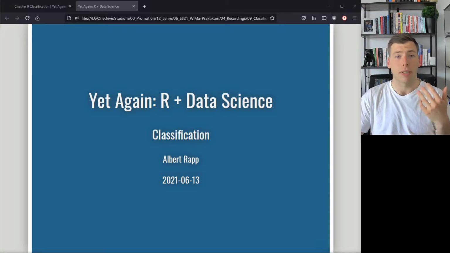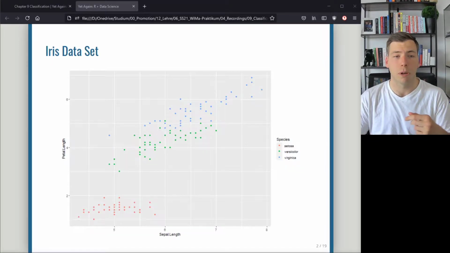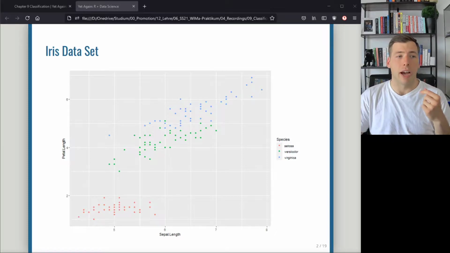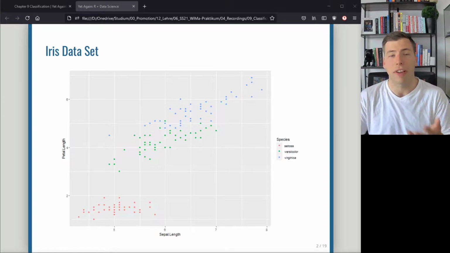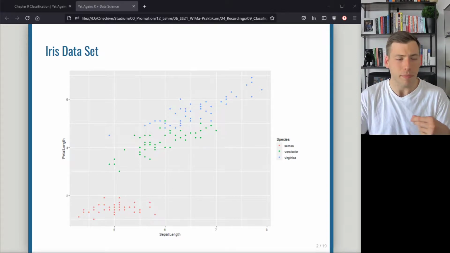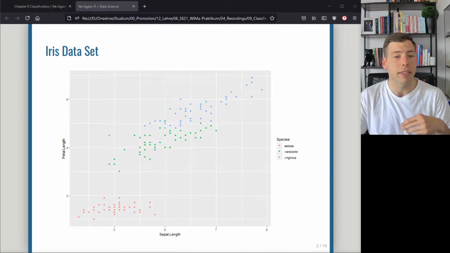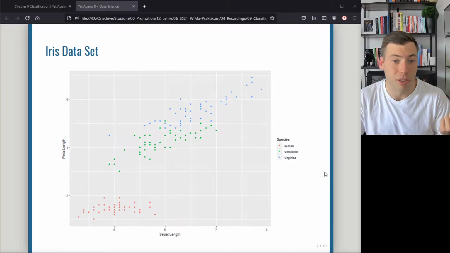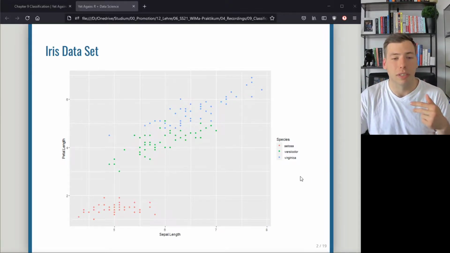So let's talk about a standard classification problem using, for instance, the iris dataset, which is a really famous dataset, which basically everyone who has dealt a lot with R has seen at some point because people always use it. It contains data on three different species of flowers: iris setosa, iris versicolor, and iris virginica.